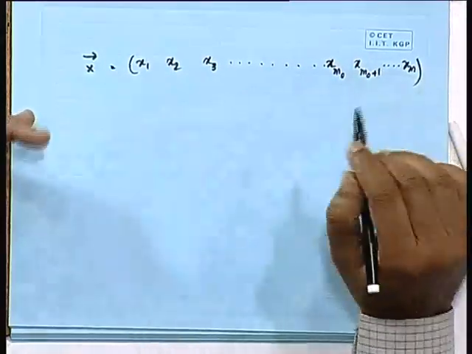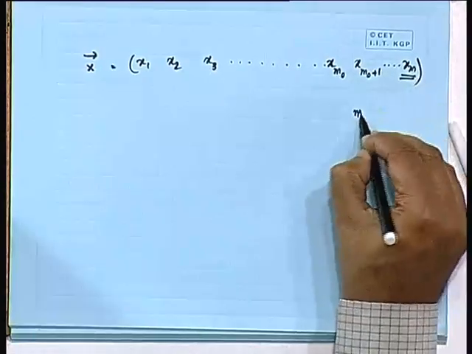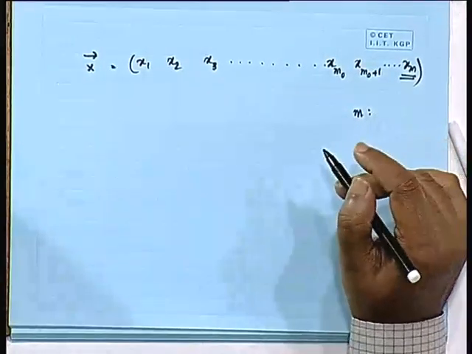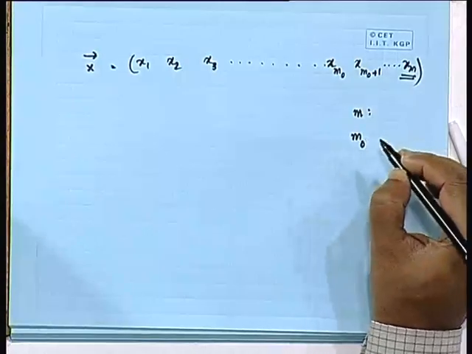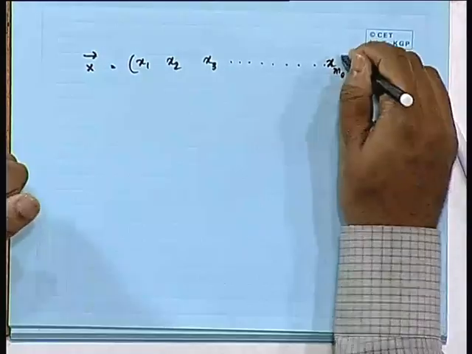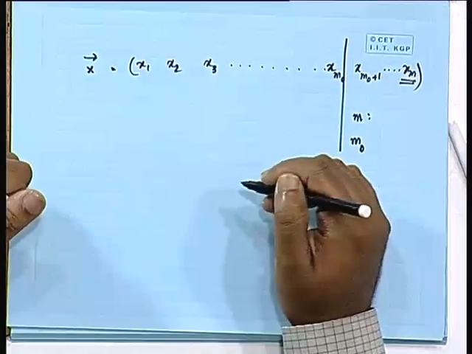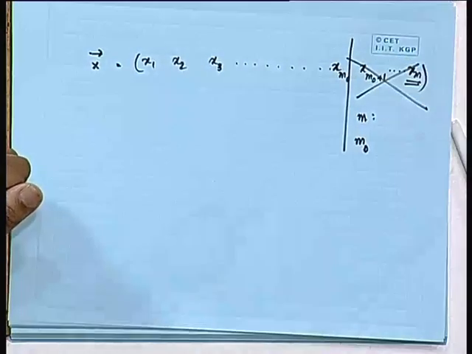Supposing this is the composition of the vector, and we say that this m is a very large number and we do not want to deal with such a large number, we want to reduce that to m0. In that case, what we are simply deciding is that we will keep this much and we will truncate the rest. The rest we will not use at all.